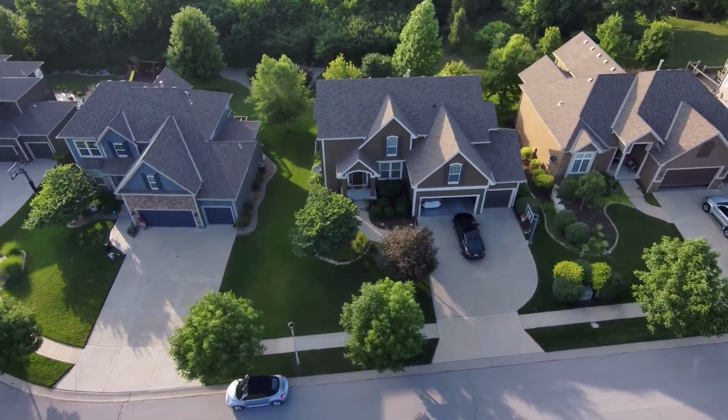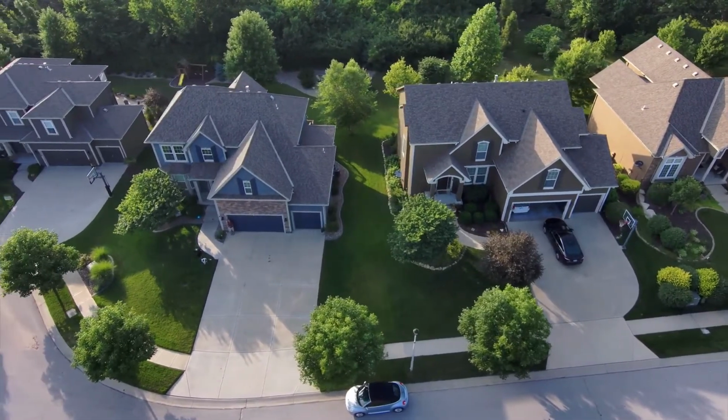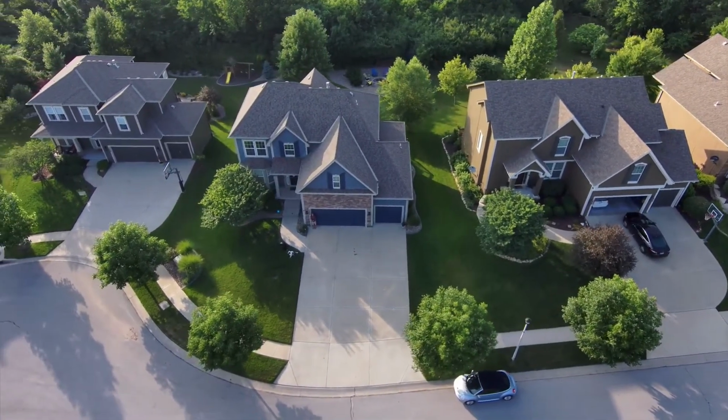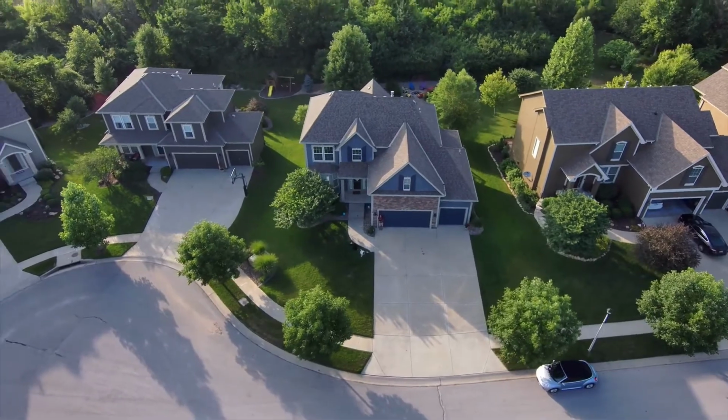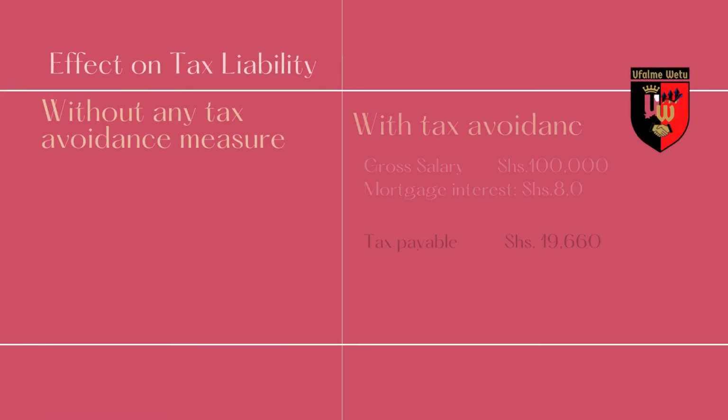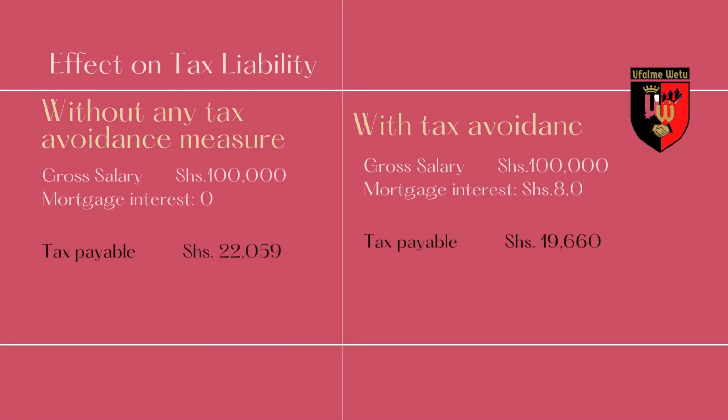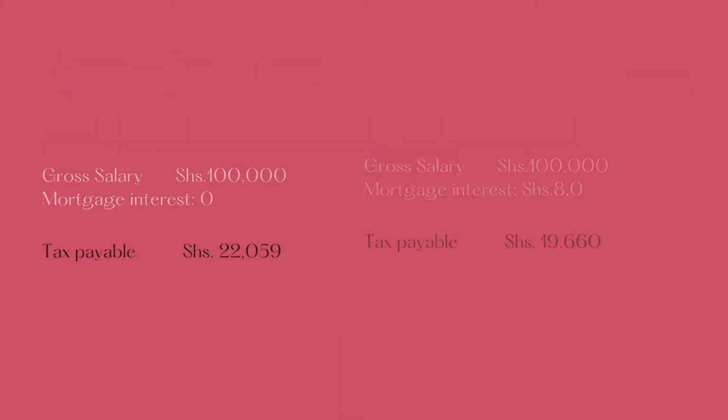If you're saving 9,000, they'll allow you to deduct 8,000 from your taxable salary. If your salary is 100,000 and you are contributing towards the home ownership savings plan, 8,000 will be deducted, so meaning you'll be taxed on the 92. But if you're contributing lower than 8,000, then the actual amount will be deducted. If it's 6,000, 2,000, or whatever it is.